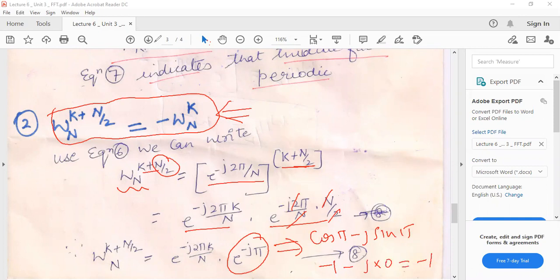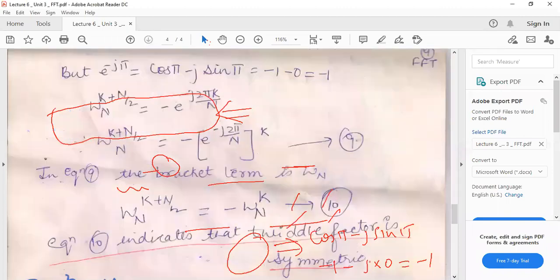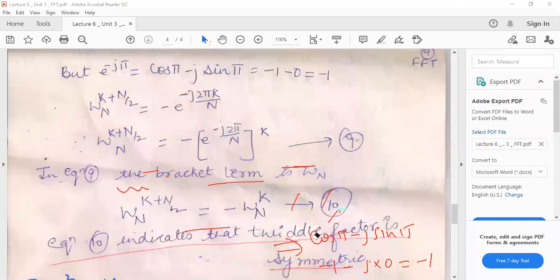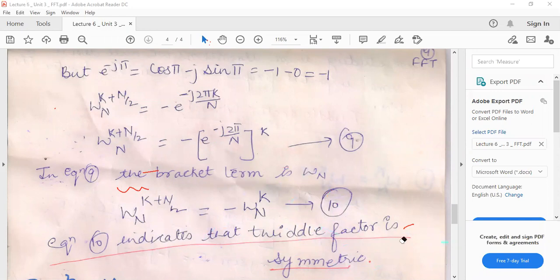Right? So now let us see what happens further and how we can say that this is symmetric or not symmetric. Because this is equal to -1, we will put it here in that equation. So we'll get minus exponential this one.